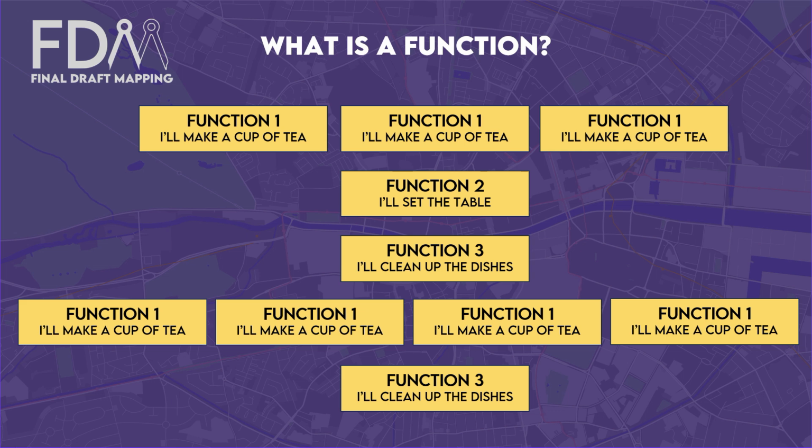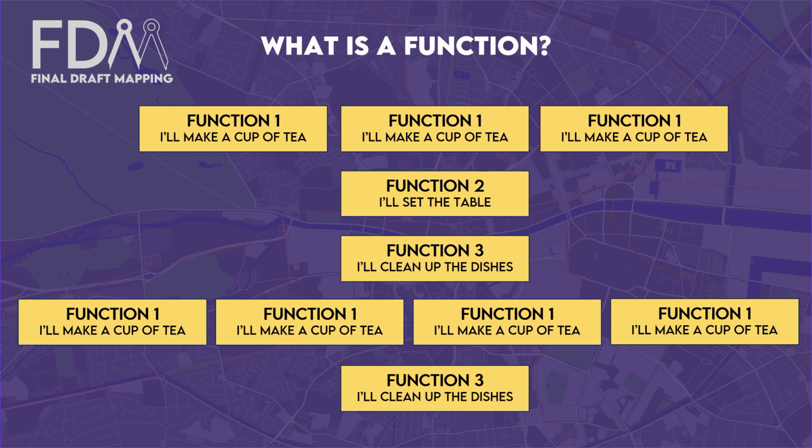If we take a look at the example in front of us, function 1 would be one block of code, and we simply call that function 3 times to make our morning cups of tea, and we call the function 4 times in the afternoon to make the 4 cups of tea. Over the next 2 videos, you are going to see how to define a function without parameters and how to define a function with parameters.